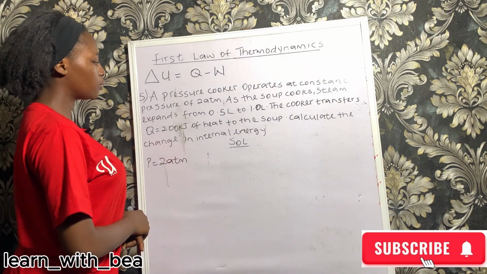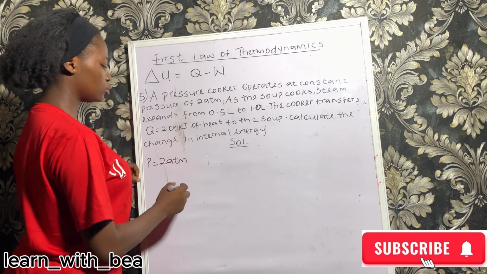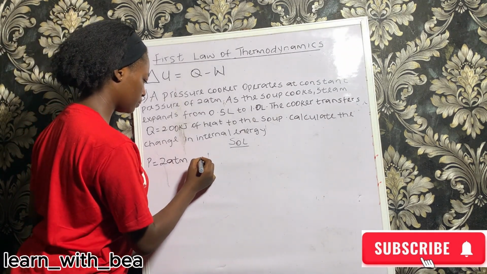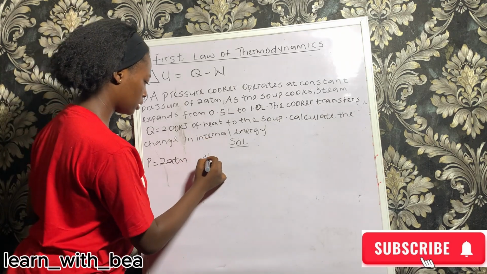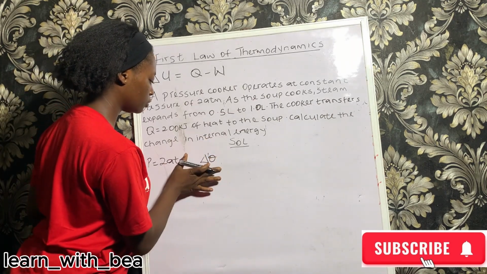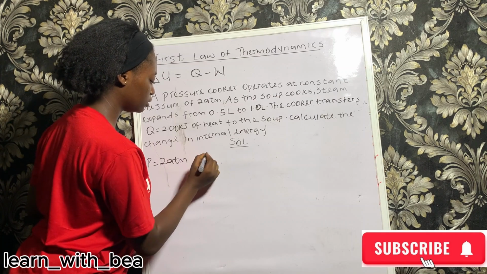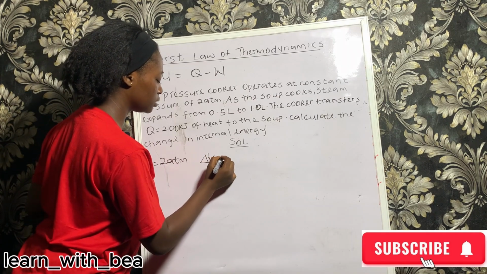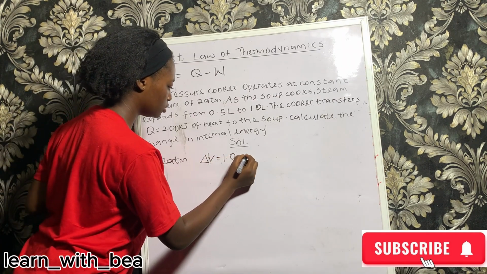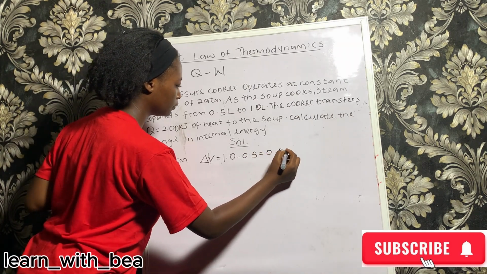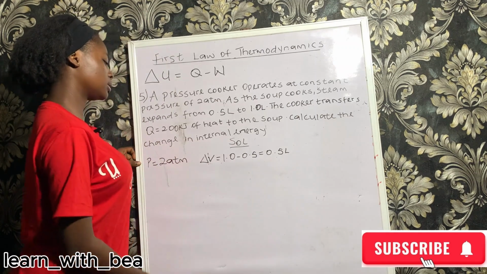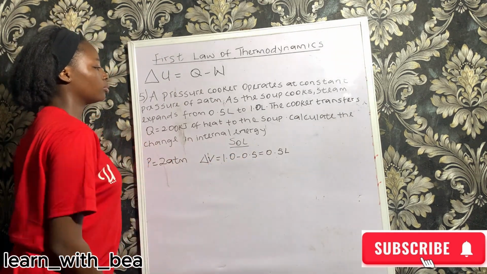Steam expands from 0.5 liter to 1.0 liter. So our change in volume, not temperature this time around, is 1.0 minus 0.5, which is 0.5 liter. And I also mentioned that this should be in meter cube.